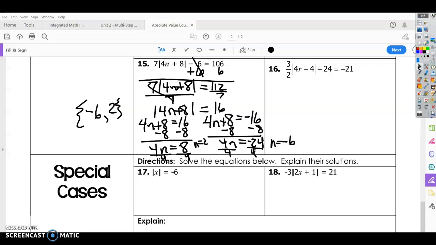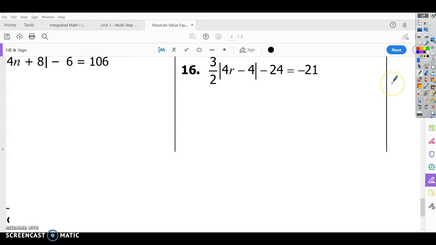All right, go ahead and pause this if you need to. I'm going to move this off the screen so that we have a little bit more room. All right, number 16 has a fraction, and we all love fractions. Oh, well, you know, all the math teachers like fractions. I don't know about the students. All right, so I have 3 halves times the absolute value minus 24 equals negative 21.